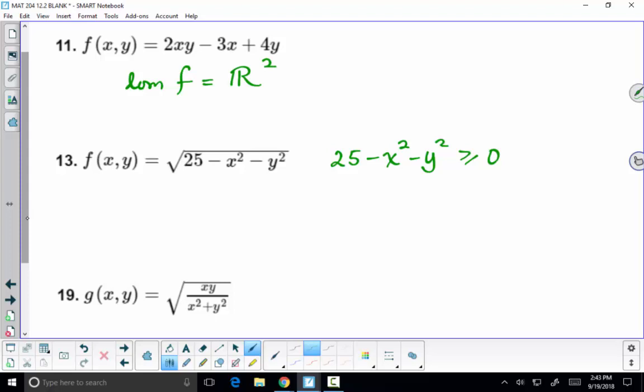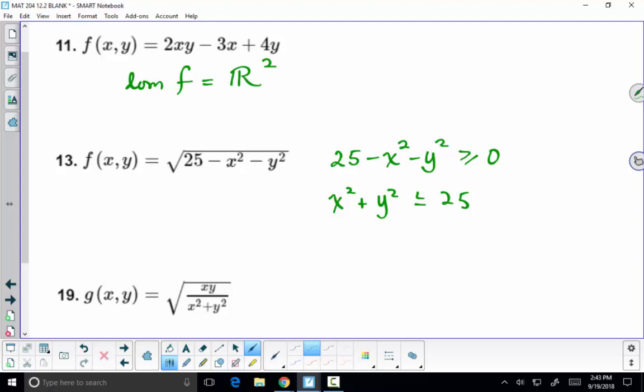So then we do a little rearranging. We add x squared and y squared to both sides. I'm going to move the inequality symbol appropriately so we get that. So the set of points for which this function is defined is the set of xy that satisfies this inequality.